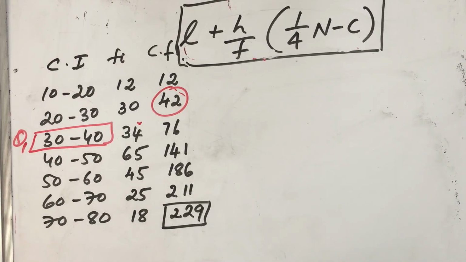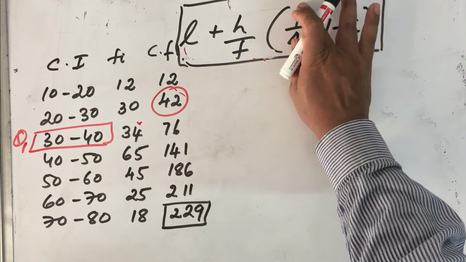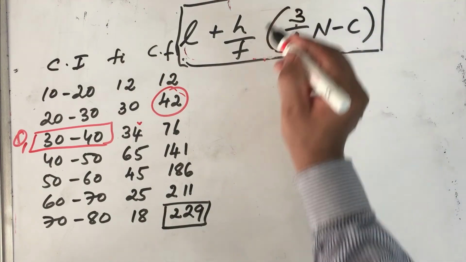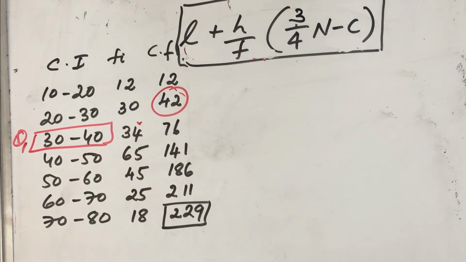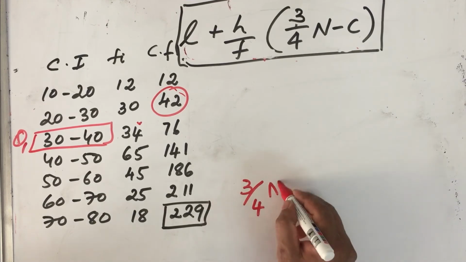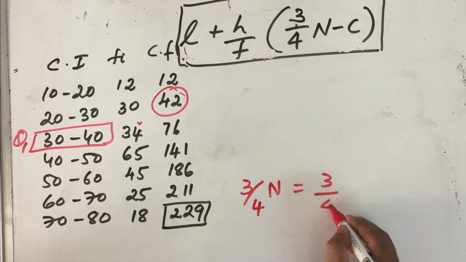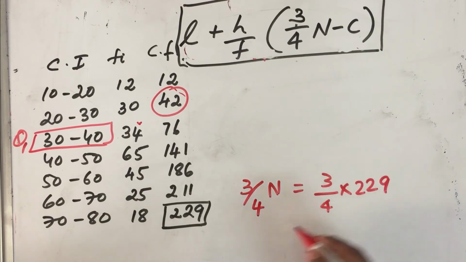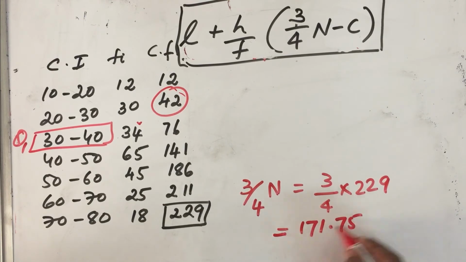Now let us calculate the third quartile, that is Q3. The formula for calculating Q3 is the same. The only difference is we take the 3/4 N. So we need to find 3/4 N, which is 3/4 into 229, which is equal to 171.75.